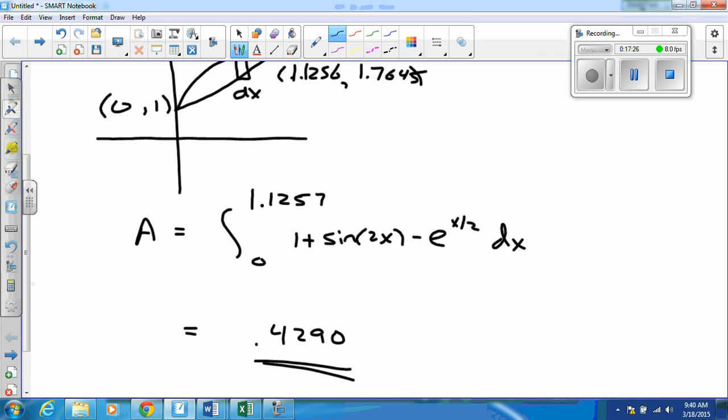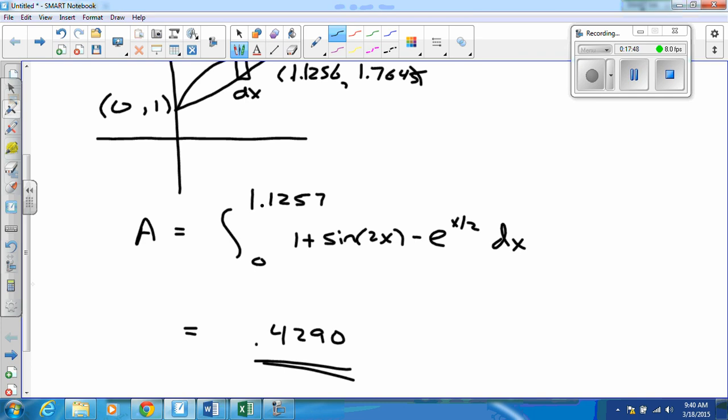No. Mr. Cagle, shouldn't the intersection point be 1.1357? Well, okay, do we have the wrong intersection point? Instead of a 2. Did you do the intersection point? Who did the intersection point for us? Did it say intersection?